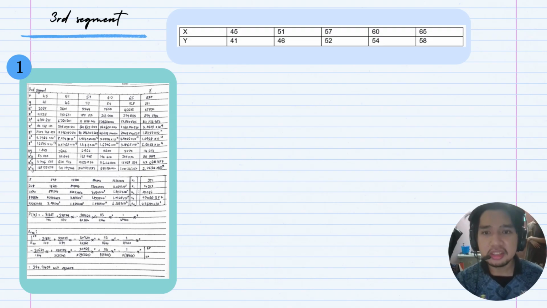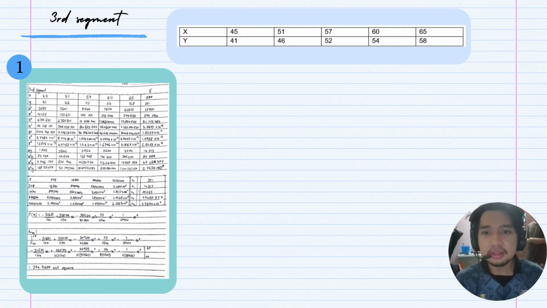Using the matrix, we can either use the simultaneous equation on the calculator or use an online calculator to get the p of x equation.